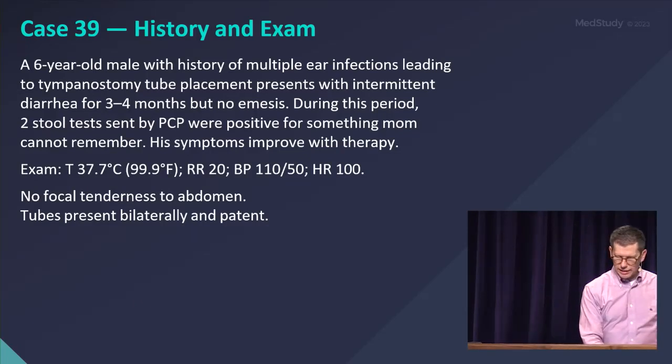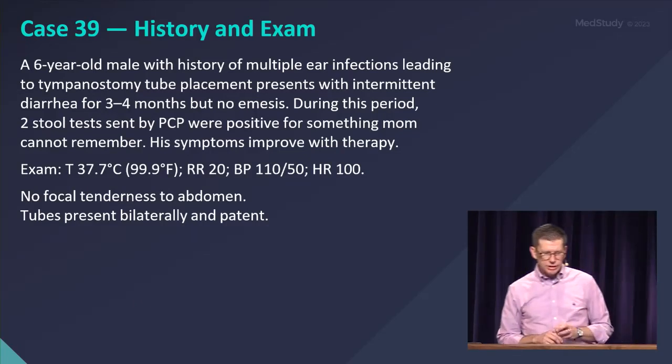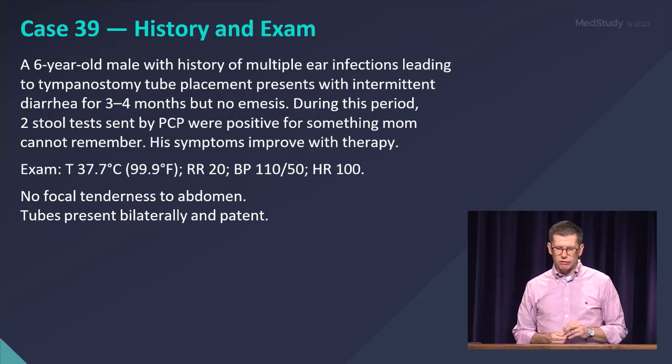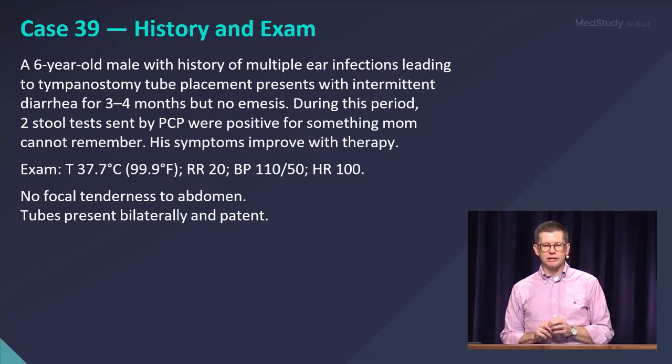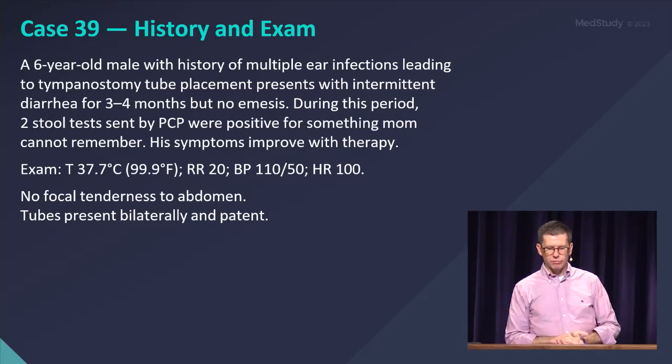All right, case 39. A 6-year-old male with a history of multiple ear infections leading to tympanostomy tube placement presents with intermittent diarrhea for 3 to 4 months, but no emesis. During this period, 2 stool tests sent by the PCP were positive for something mom cannot remember. His symptoms improve with therapy.